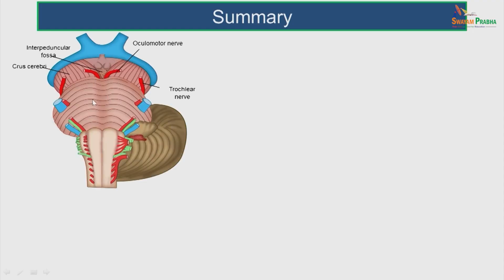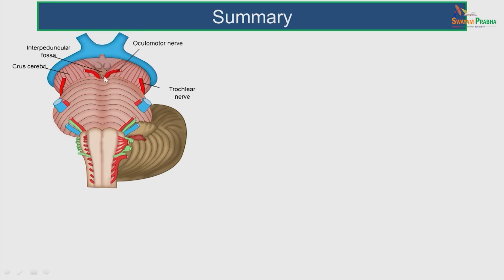So, till now what we have studied is the midbrain. It has a dorsal surface and a ventral surface. It connects the forebrain and the hindbrain. It forms the posterolateral boundary of the interpeduncular fossa.